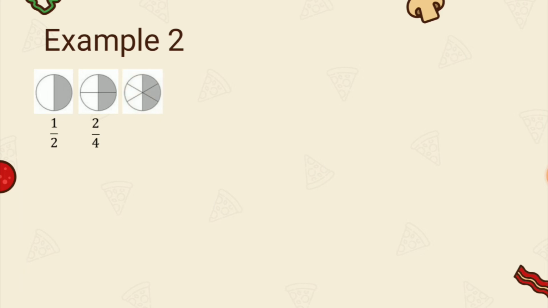And if 1 whole is divided into 6 equal parts, the shaded part equals 3/6. If 1 whole is divided into 8 equal parts, the fraction of the shaded parts equals 4/8.